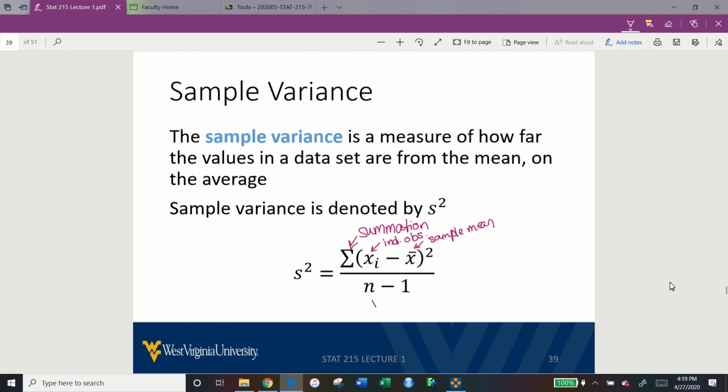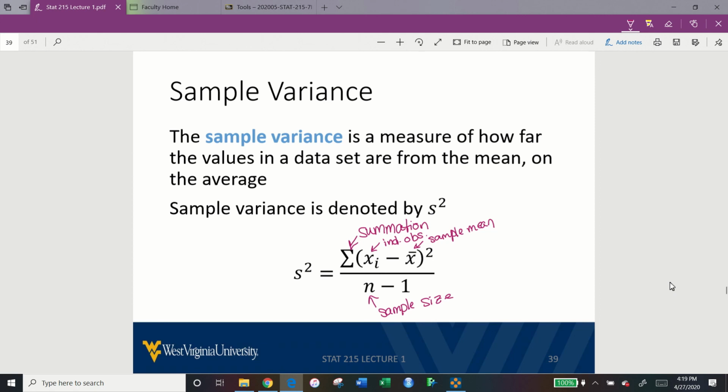And finally, n, remember, that is our sample size.